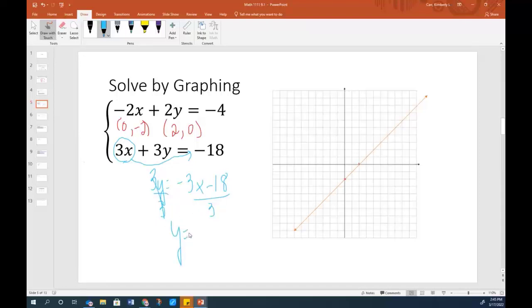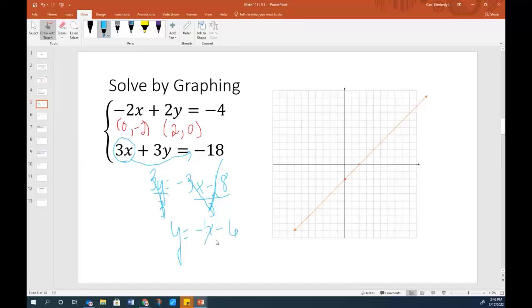So I get y equals -x, because that's like -1x. You can put the 1 if you want to. But you also have to divide it into here. That 3 goes into both of them, so that's -6. So I ended up with y equals -x minus 6.